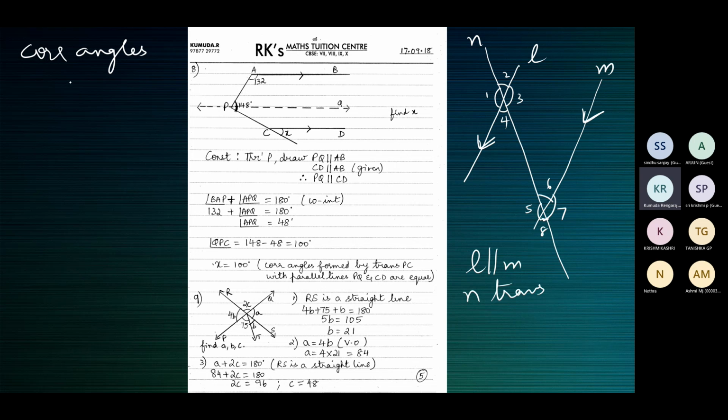Tell me the pairs of corresponding angles found. Angle 2 and angle 6, angle 1 and angle 5, angle 3 and angle 7, angle 4 and angle 8. Okay, I got it from Sanjay and Sidhu. Very good. Correct. Anybody else? Angle 1 and angle 5, angle 2 and angle 6, angle 4 and angle 8, angle 3 and angle 7, ma'am.